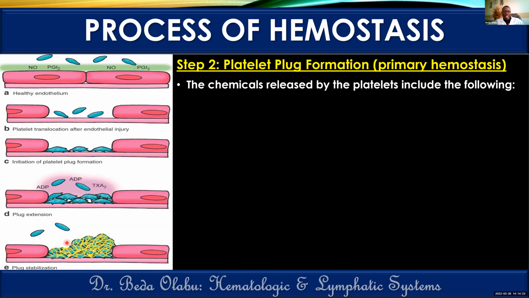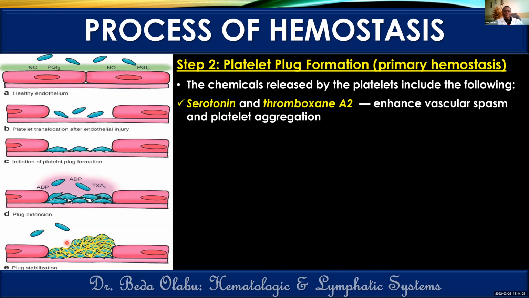Now, let's look at the chemicals which are released by the platelets. So we have serotonin as well as thromboxane A2. These two chemicals enhance spasm. Remember, the first step was vascular spasm. They enhance spasm.